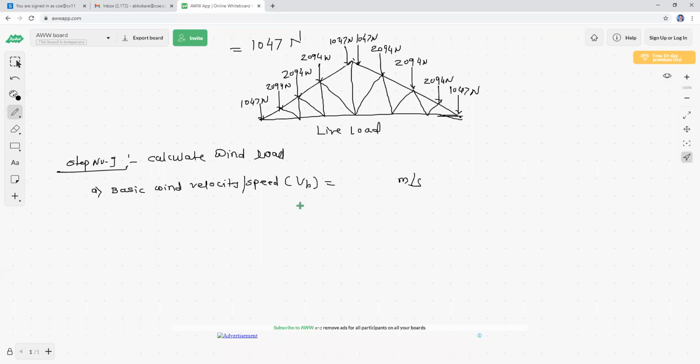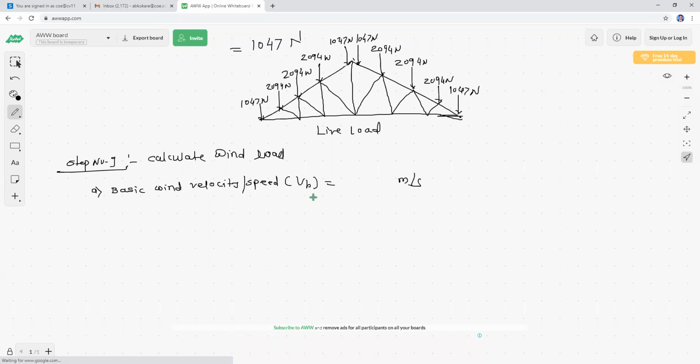So how to calculate? For that what we have to do? The basic wind velocity depends on where your building is to be located. Now if you read the problem statement, they have given our building is located in New Delhi.